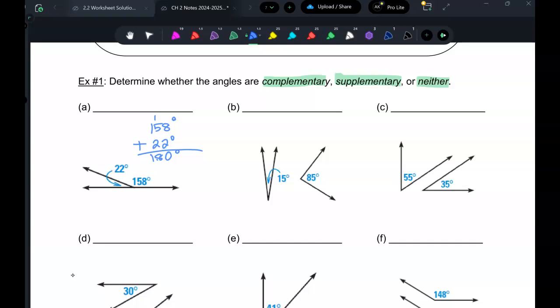Sometimes when we do these angles, it's really hard to squeeze a number in here, so you'll see a little arrow that's pointing to that small angle measure. So when we add these, we get 180. So these are supplementary.